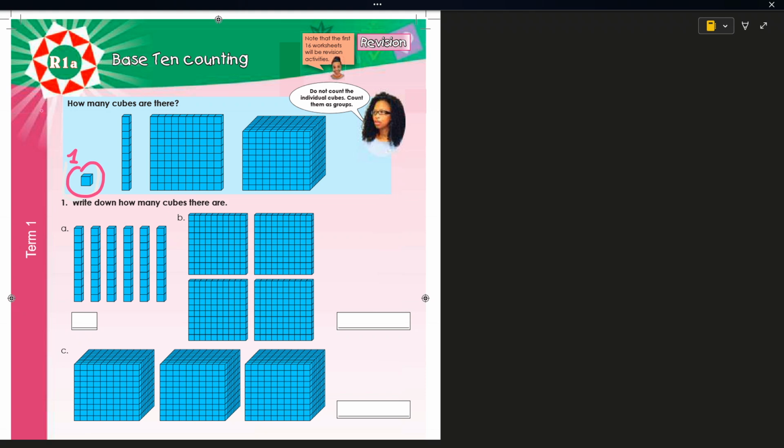Now, if we stack 10 blocks linearly on top of each other, we can call this 10, because we've got 10 there. And we can do the same here.